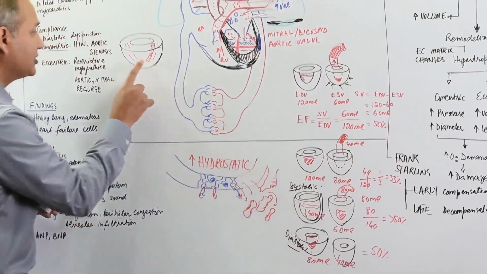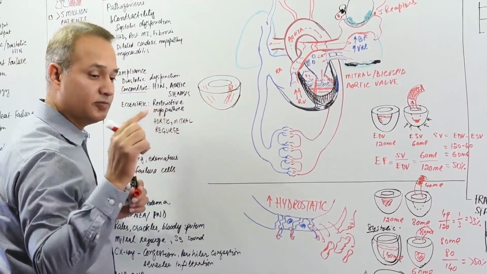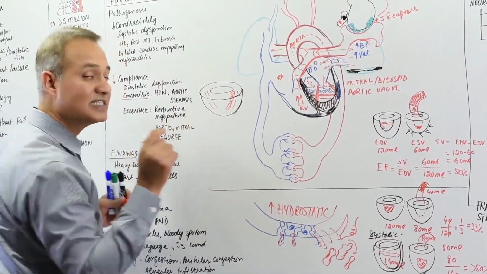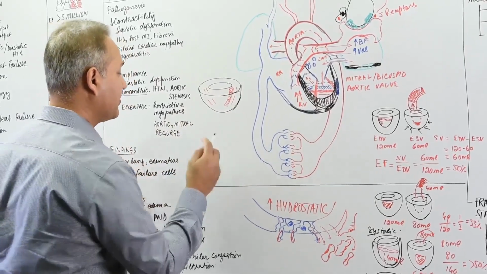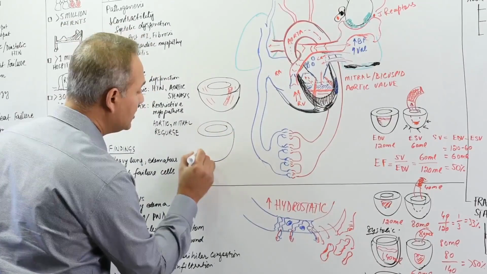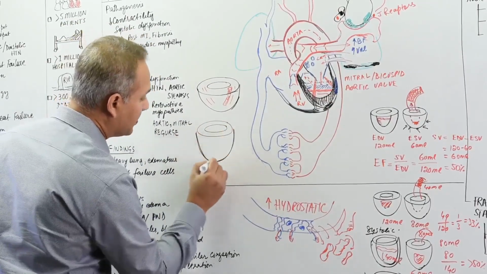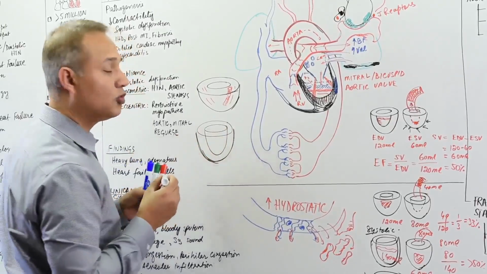So come back here for a second. The myocytes are thick. This is called concentric hypertrophy. There is another situation where the heart becomes elongated. Why? Because there is more overload.